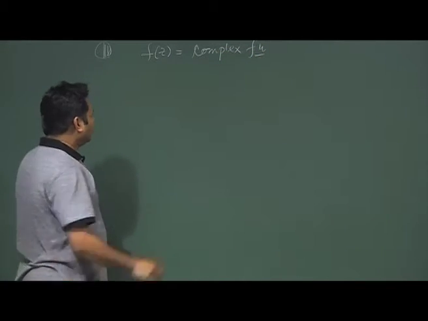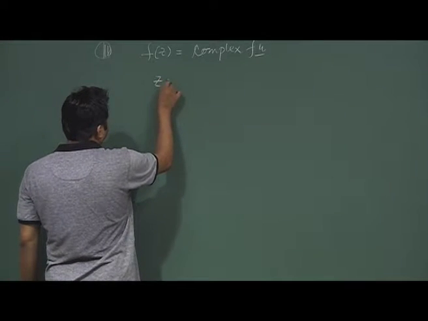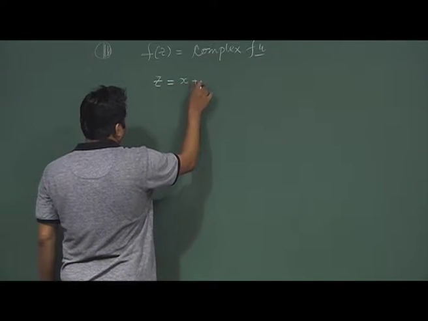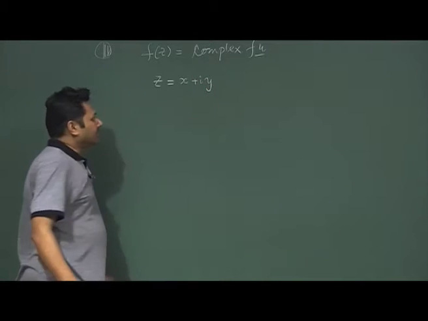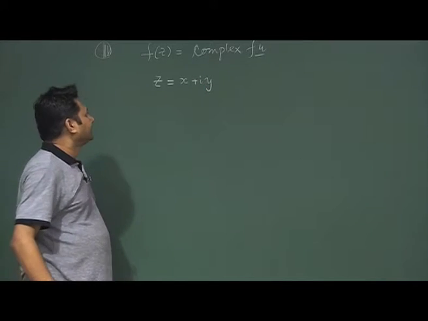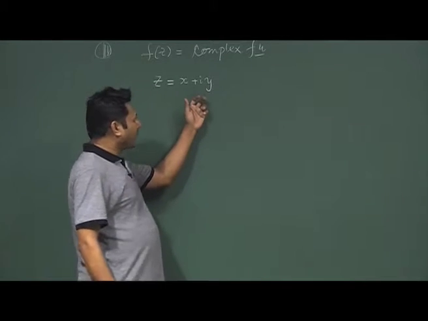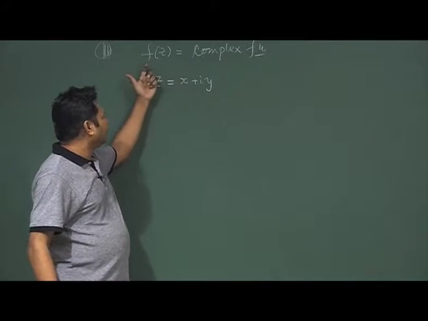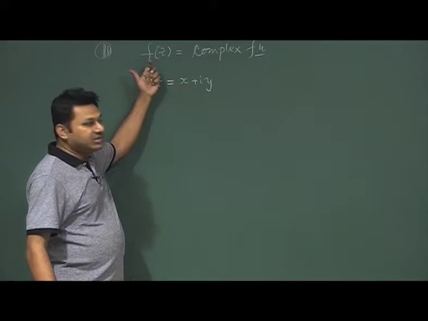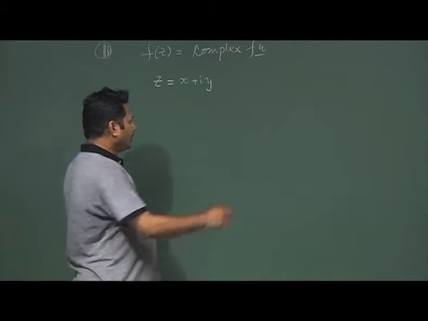And in the last class we mentioned that z equal to x plus iy is the variable. So when this variable is changing, x and y change, and as a result we have something which is f(z), which is a rule.